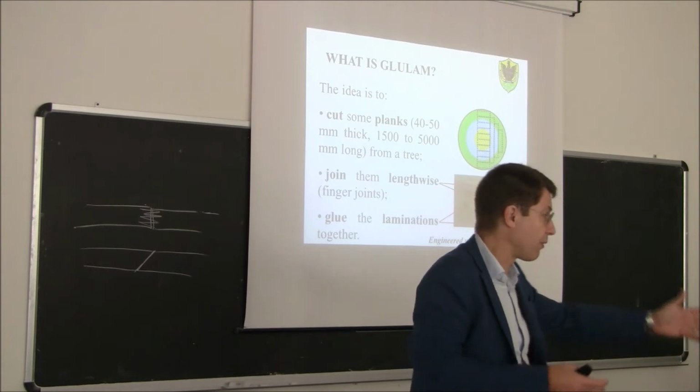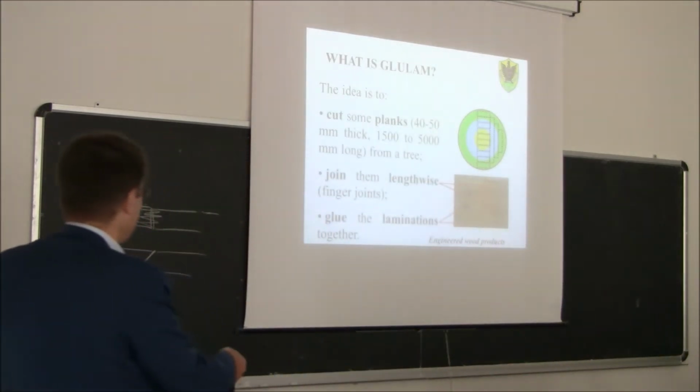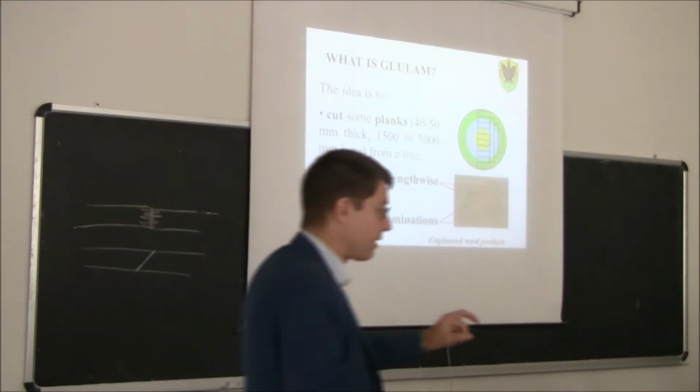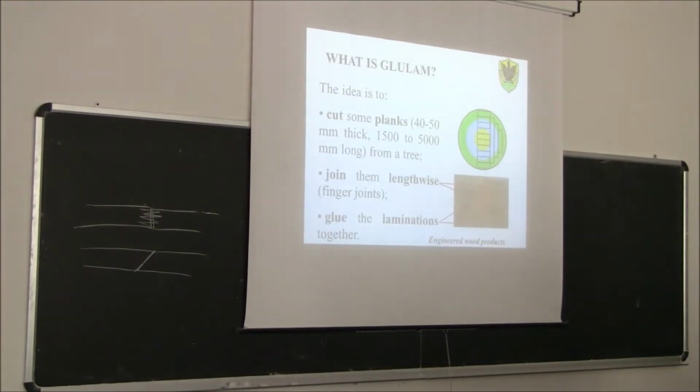So for example, for a 20 meter beam, we obtain a plank which is 40 millimeter thick, perhaps 200 millimeter wide, and 20 meter long. This is called a lamination. Those laminations then need to be glued together. So now we need to have some glue between the different laminations. Okay, so these are glued planes.